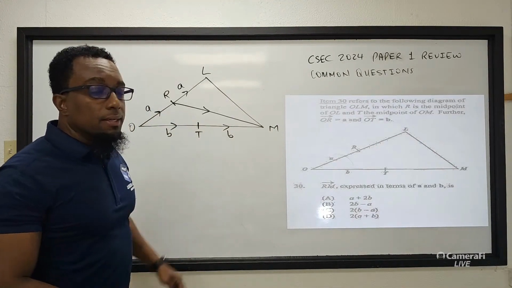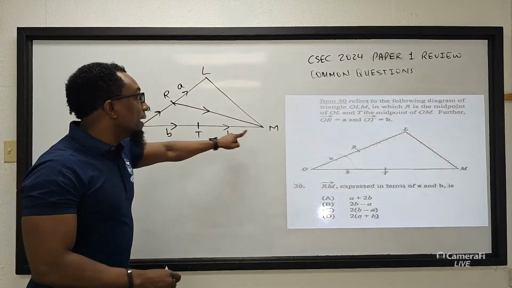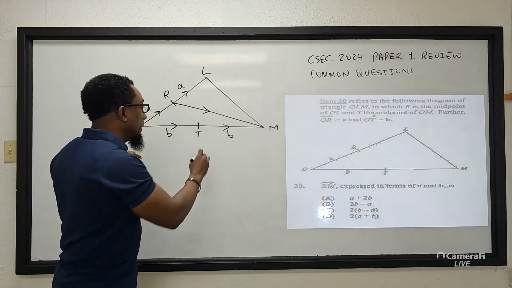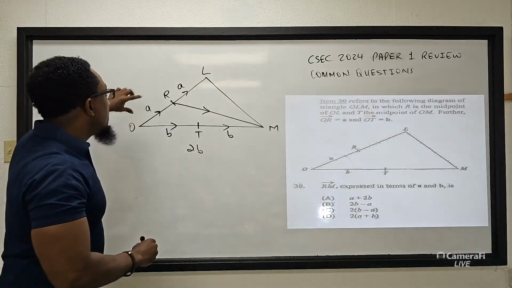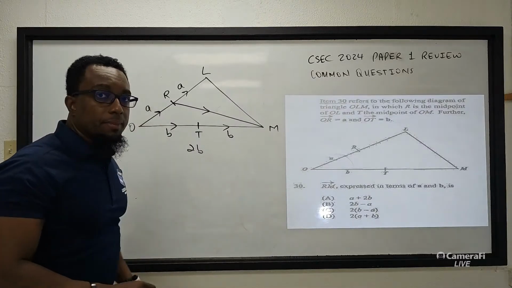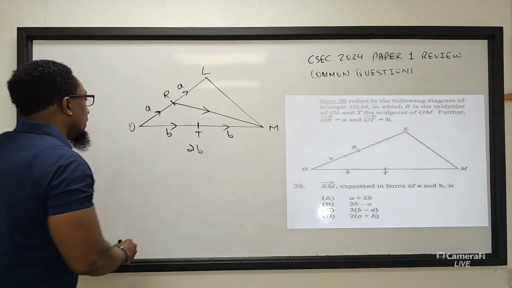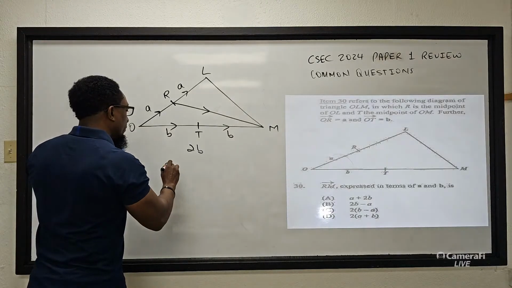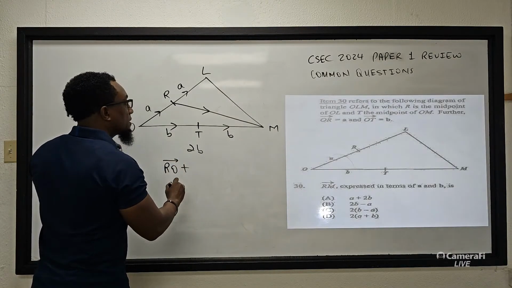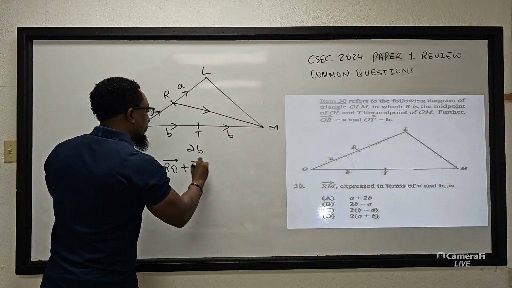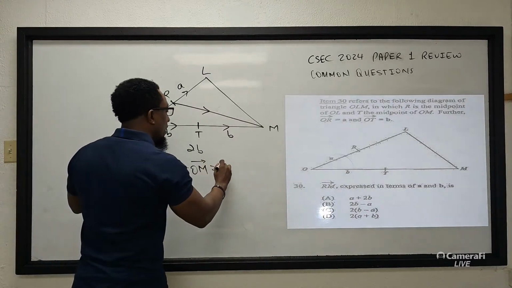I have the magnitude of OM, which is B plus B, 2B, and I have the magnitude of OR, which is A. So finding RM is pretty straightforward. I can say vector RO plus vector OM will give us vector RM.